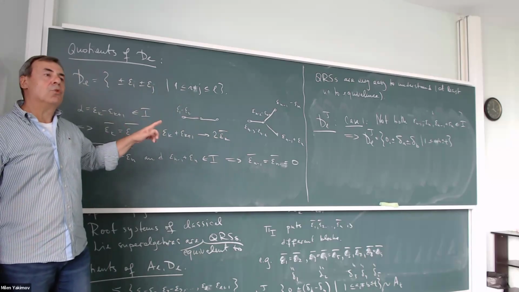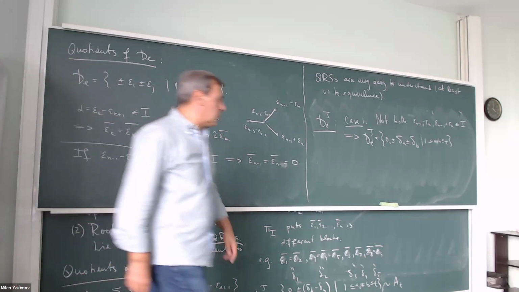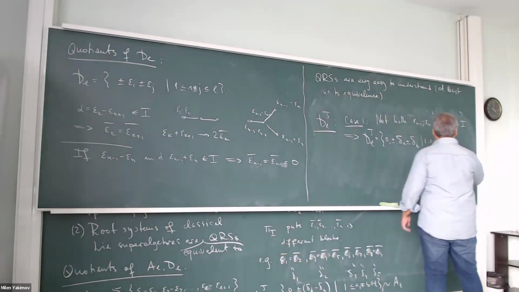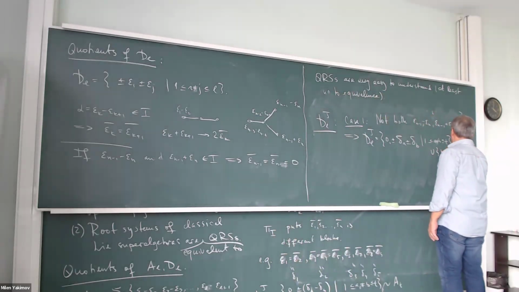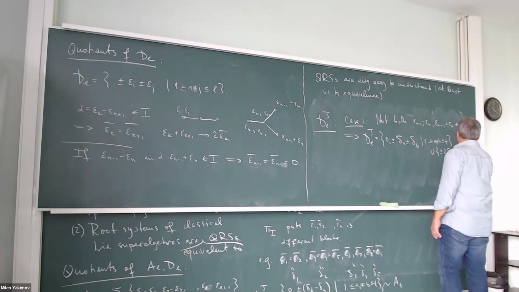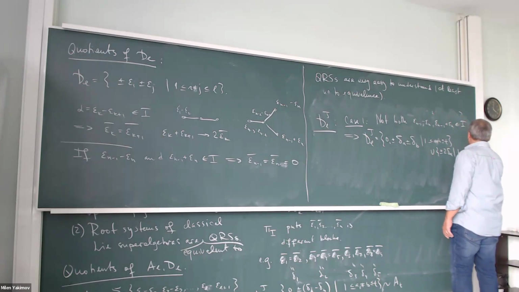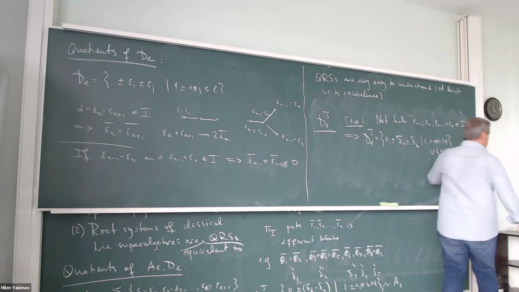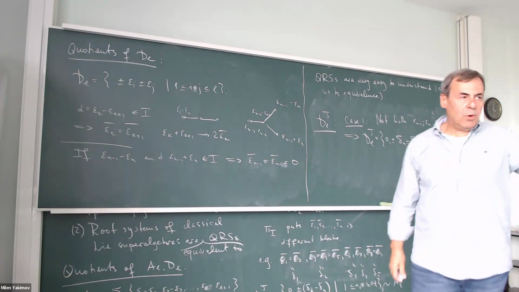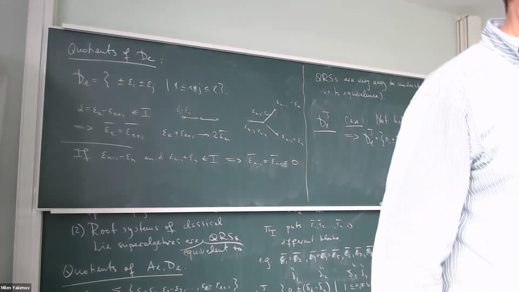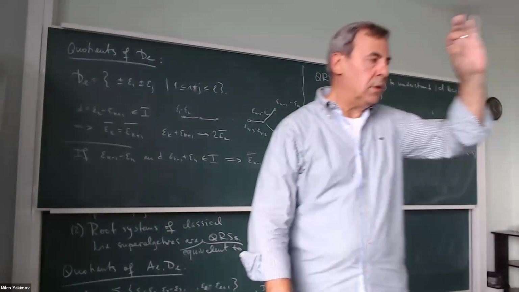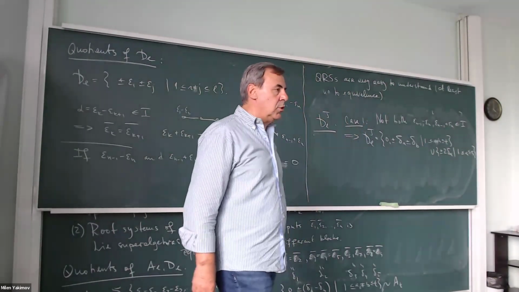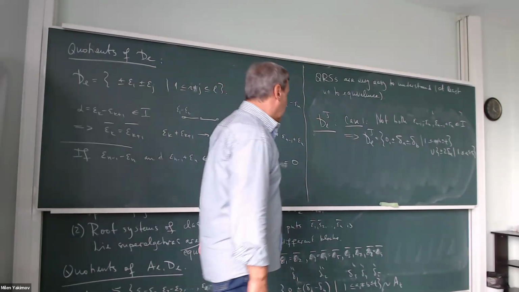So some of the roots will actually come with doubles. Plus minus 2 delta A for A, but not all of them. Just some of them. The ones that correspond to blocks. So the blocks that are single element do not double, and the blocks that are double element double.